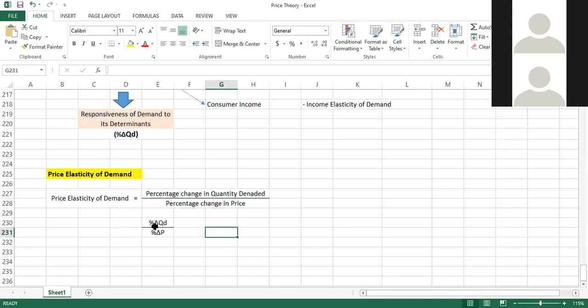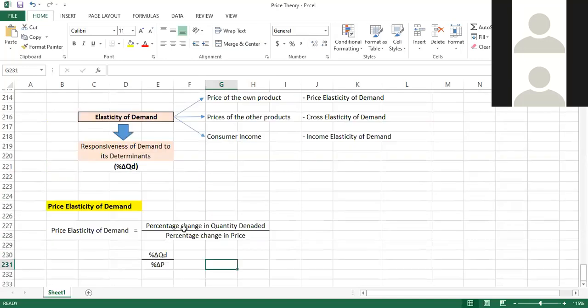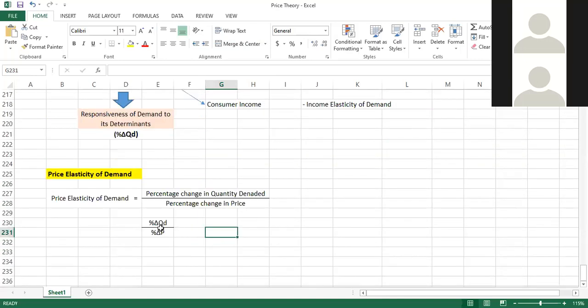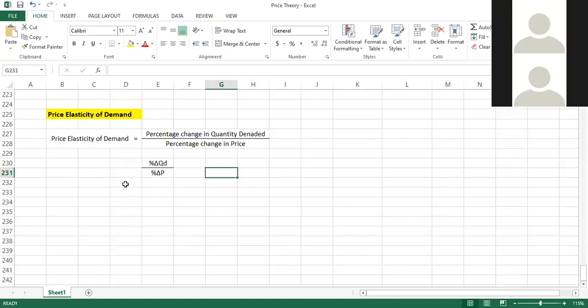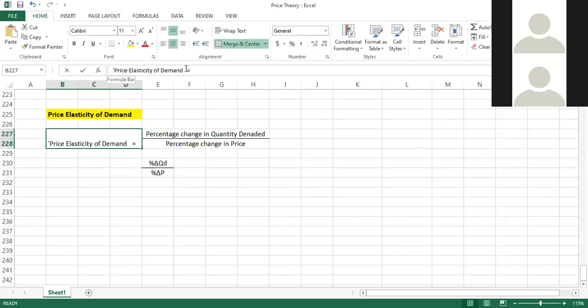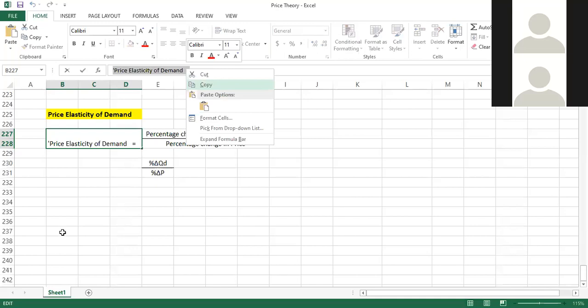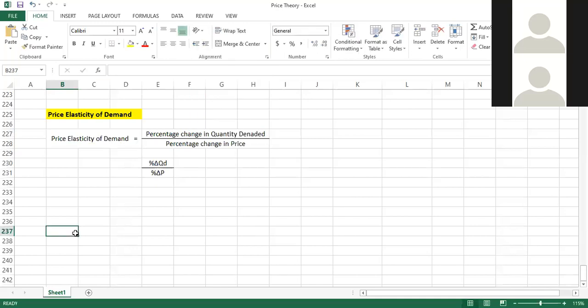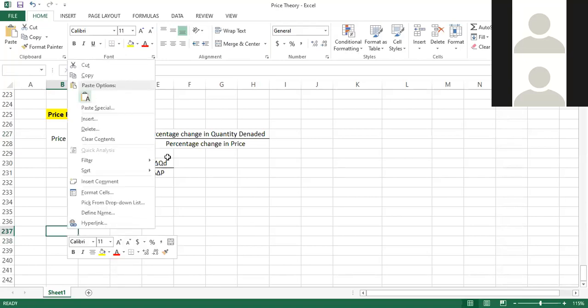So it is not difficult to analyze this. And you know, when we calculate this price elasticity of demand, the percentage change in quantity demand with respect to the percentage change in price, right, we can get different types of answers. So definitely it is possible to get different types of answers. What are the different possible answers we can get for this calculation?